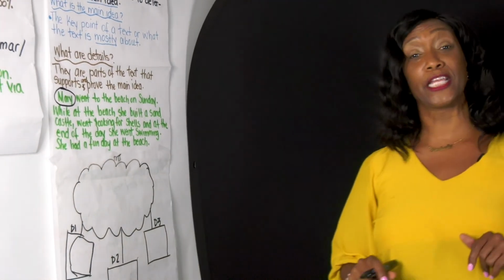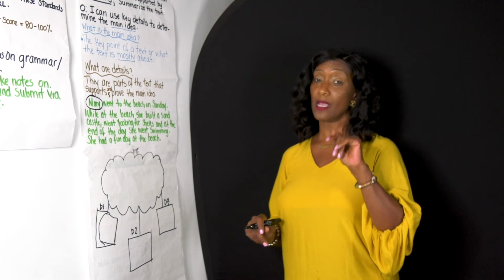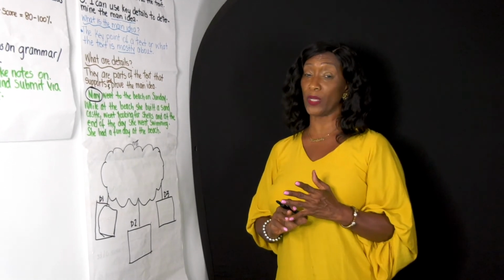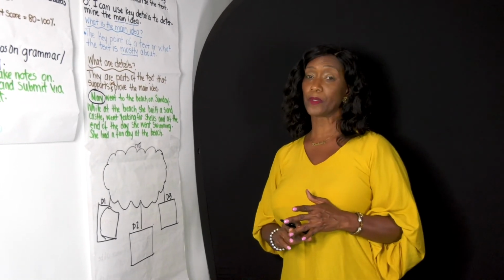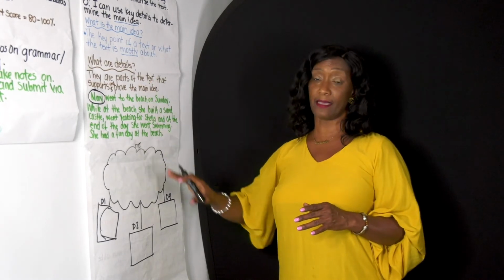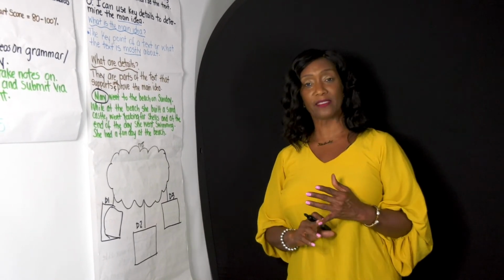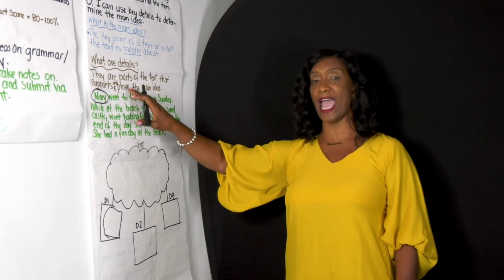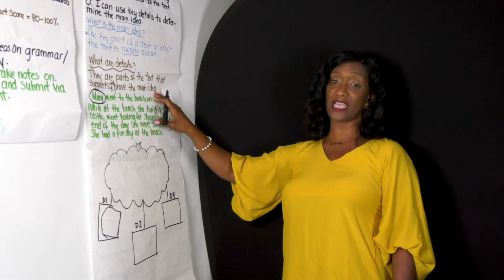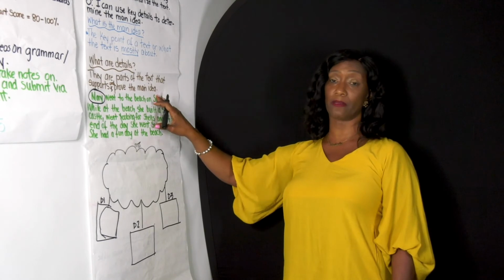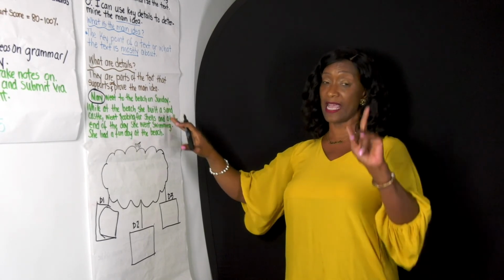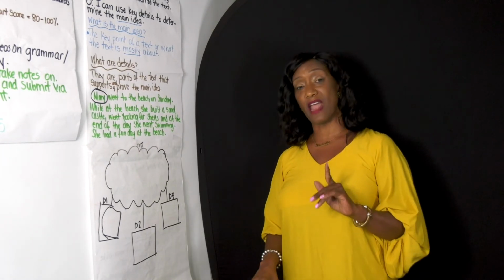And another thing I need to tell you, boys and girls, is a strategy that can help you in locating your main idea. When we're getting ready to locate our main idea, it's always good to look in the title. This doesn't have a title, but we can give it a title. Okay, that's strategy one. Another strategy is to look at the first sentence in the first paragraph.